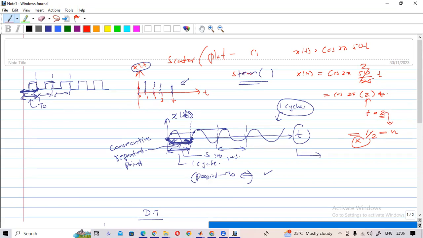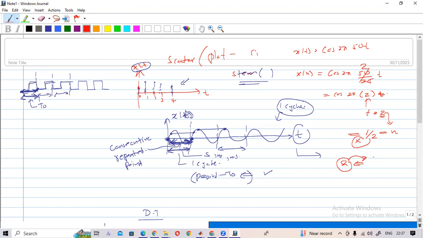So you can see that if we measure this 50 by 25, the frequency cannot be 2. Definitely it should be less than 2.